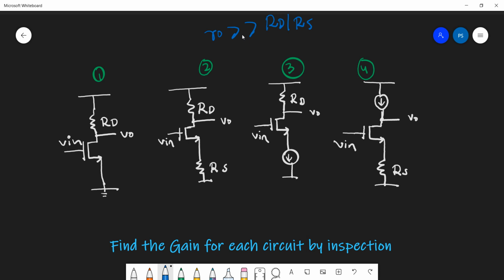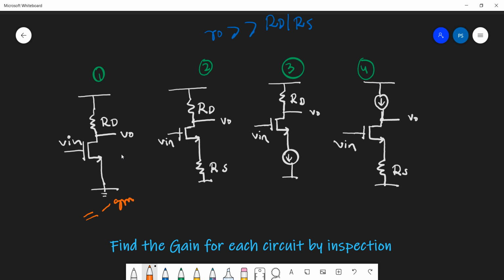Okay, fine. Now, what about this circuit? I will give you just 5 seconds to talk about the gain of the circuit by inspection. I hope you all know this answer.